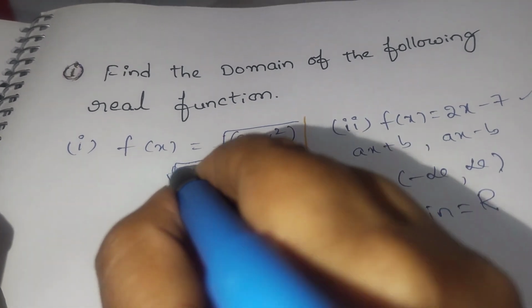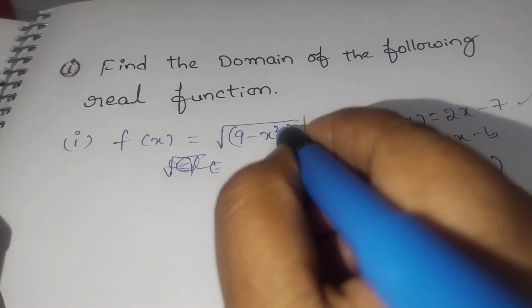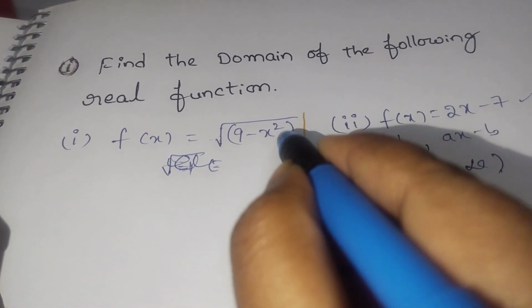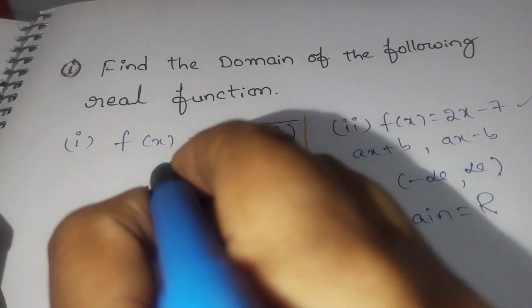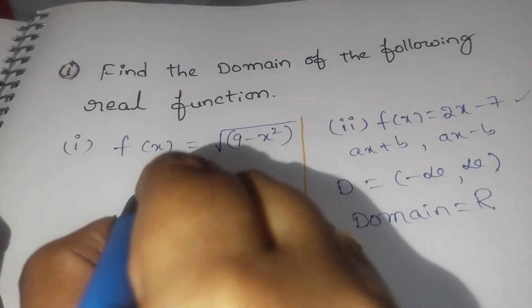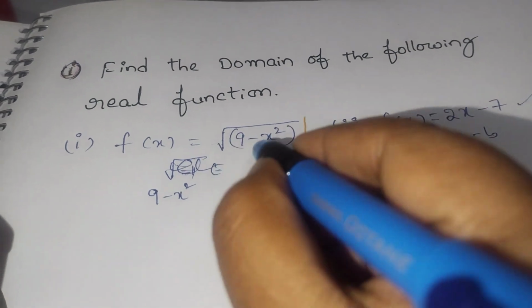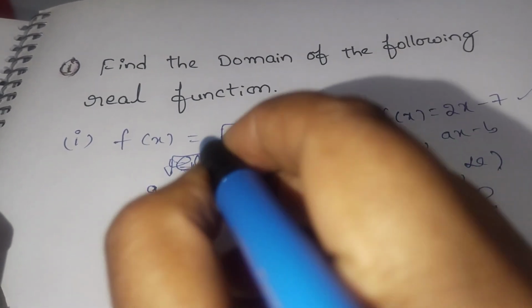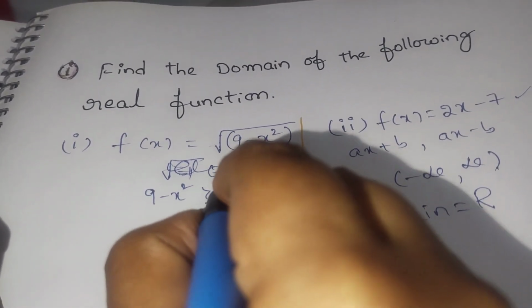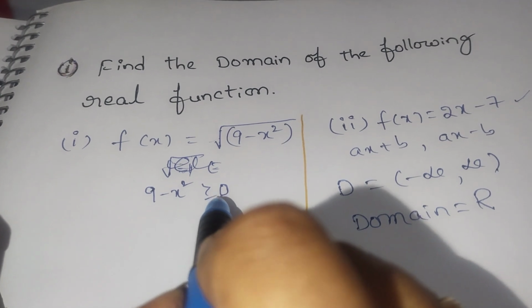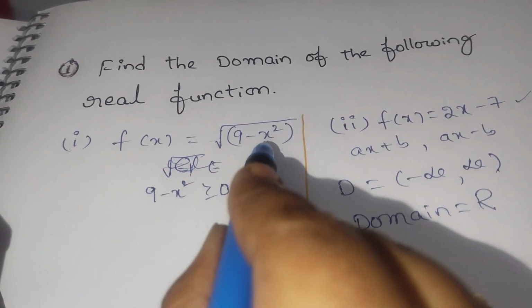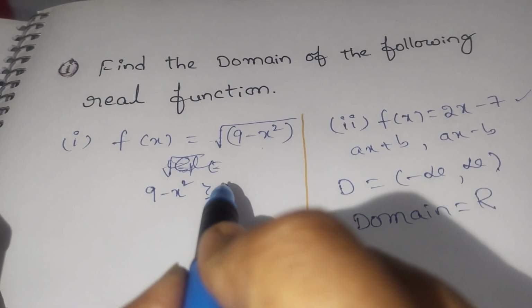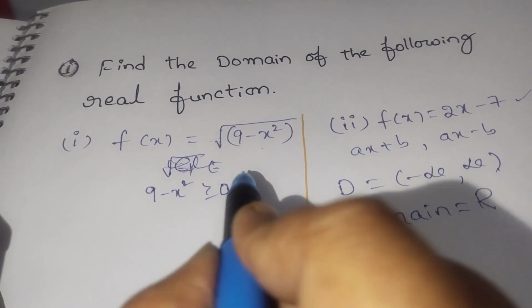So this under-root function is always greater than or equal to 0, meaning it's not a negative real number. So we take 9 minus x square, the under-root function, greater than or equal to 0. It's not negative numbers. If it is negative, this function does not exist. That's why we are taking more than or equal to 0.